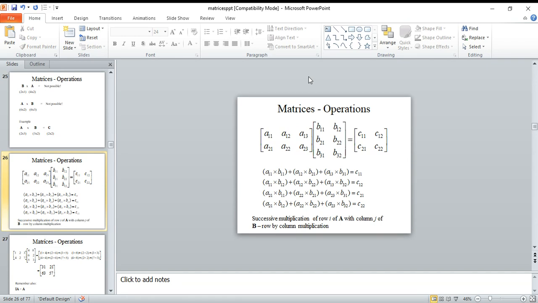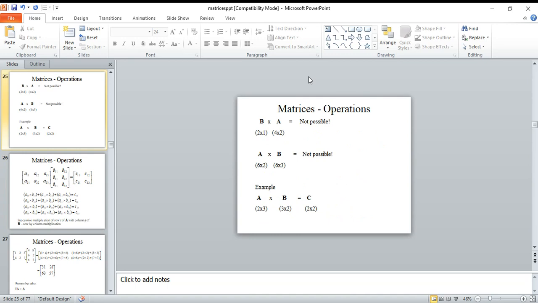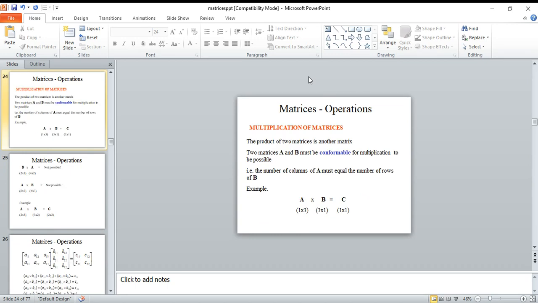Multiplication of matrices. Multiplication is possible only when the number of columns of the first matrix is equal to the number of rows of the second matrix.